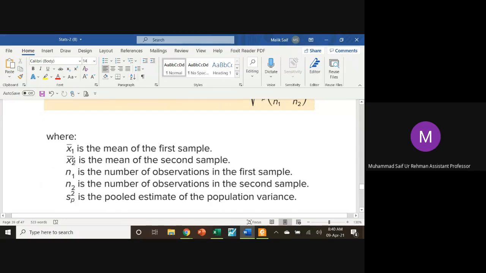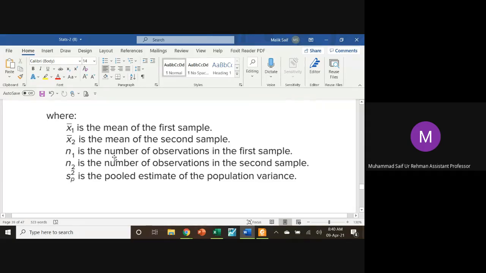This is the sample mean for the first population. X2 bar is the sample mean for the second population that we have found from sample data. N1 is the number of observations in the first sample. N2 is the number of observations in the second sample.